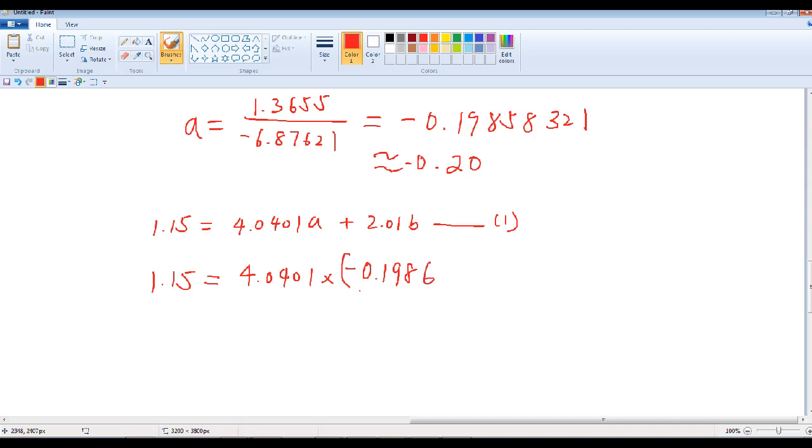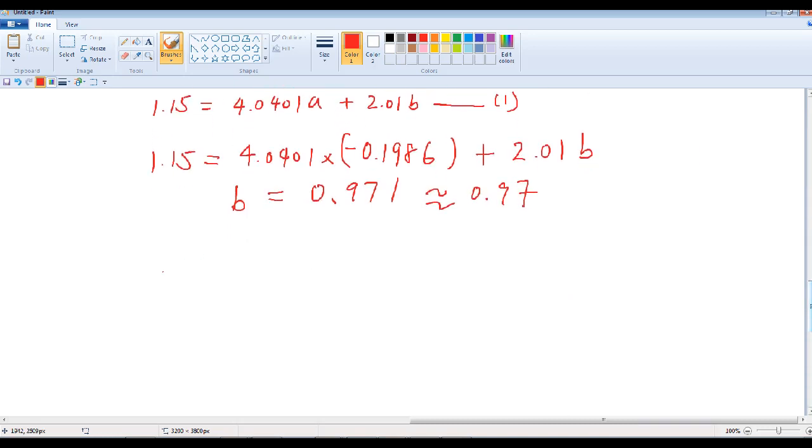So you multiply this number plus 2.01b. I leave the algebra work for you, but in the end you will get b equals 0.971, which, correct to 0.97, would be good enough for us.